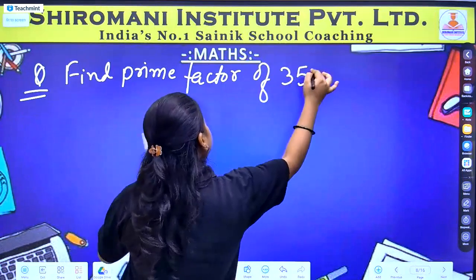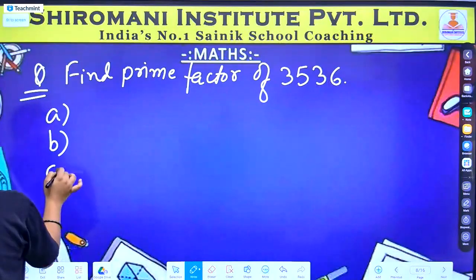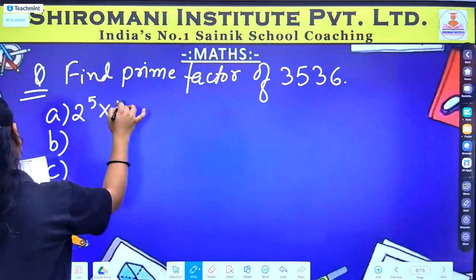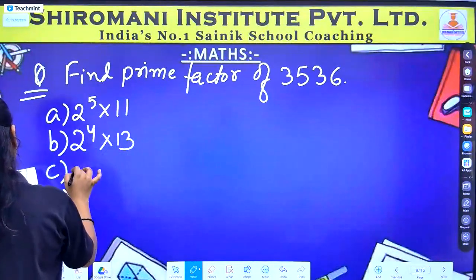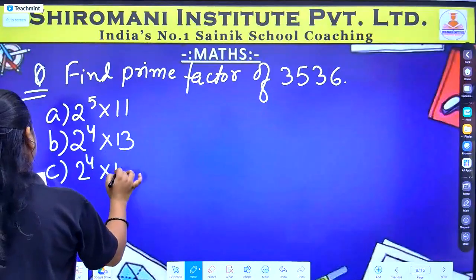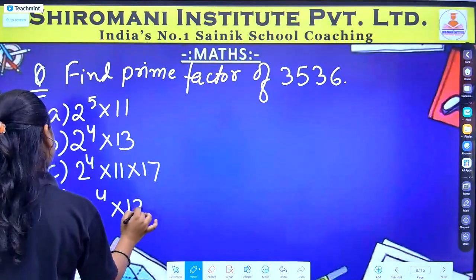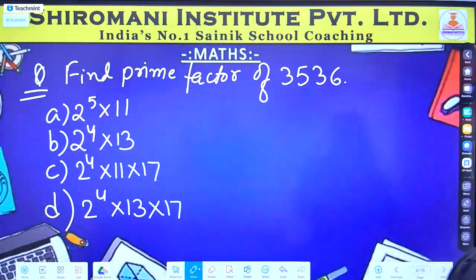Three, 5, 3, 6. Okay. Prime factor of 3, 5, 3, 6. Here you go.